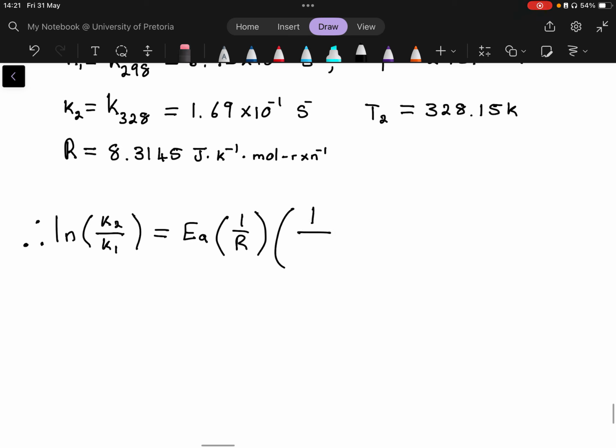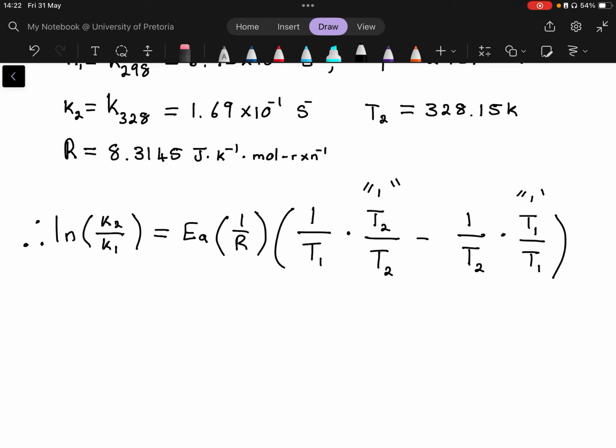Well, we say 1 over T1 multiplied by T2 over T2, minus 1 over T2 multiplied by T1 over T1. Right, so we started with 1 over T1 minus 1 over T2, and then to get a common denominator, you multiply by a pseudo 1 in each case, which contains the other fraction.